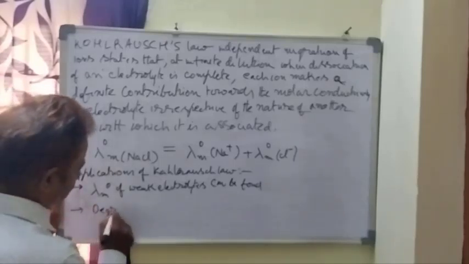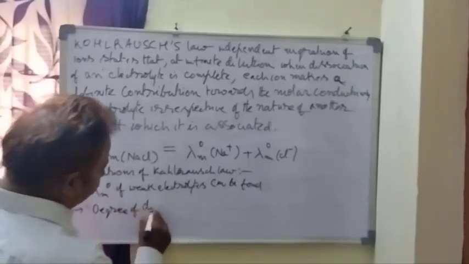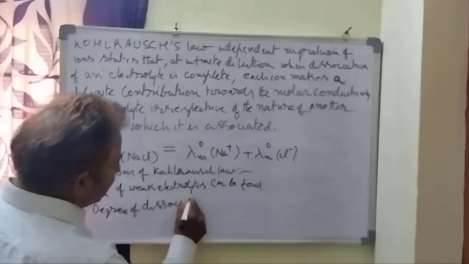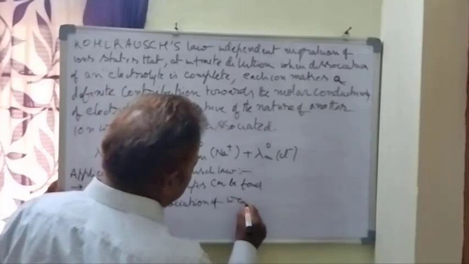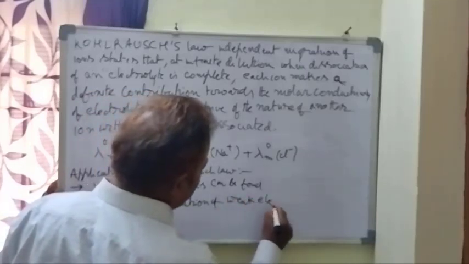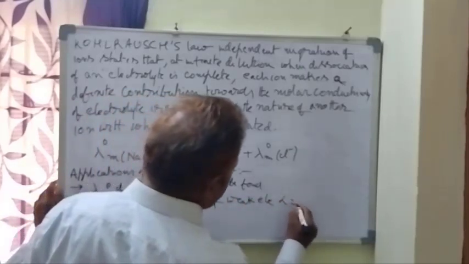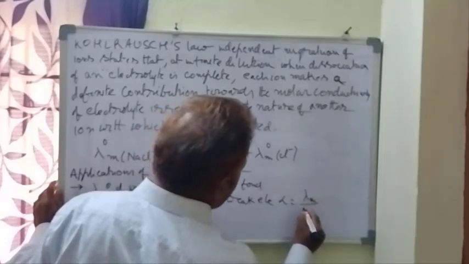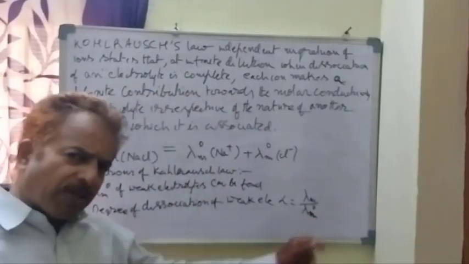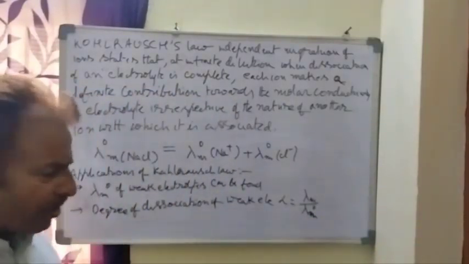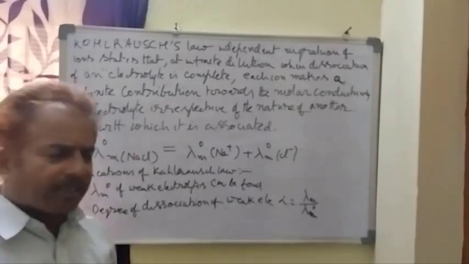Therefore, the degree of dissociation of weak electrolytes can be found: alpha equal to lambda m by lambda m naught. So by using this formula, lambda m by lambda m naught, we can find the degree of dissociation of weak electrolytes.